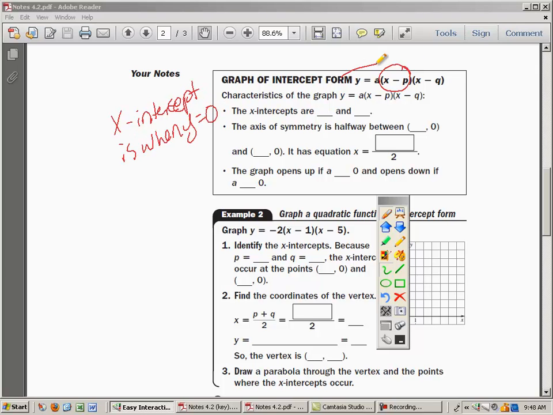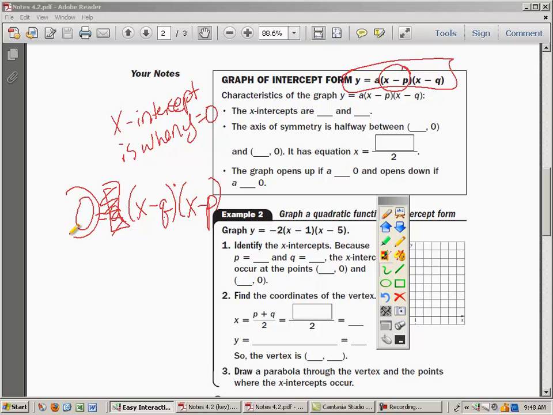So if I rewrite this general equation right here, and I want to find the x-intercept, I get 0 equals a times x minus q and x minus p, or vice versa. I guess they did p and q, whatever, right? All right, we've talked about this thing. Now, first of all, a is not going to change my value, so we're going to ignore that for right now. So this says the product of x minus q and x minus p is equal to 0.